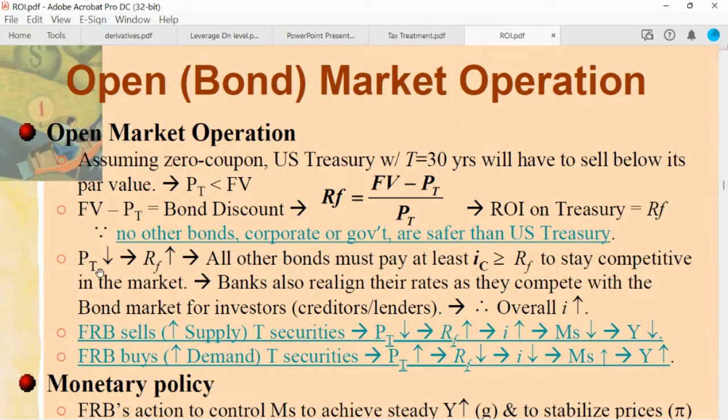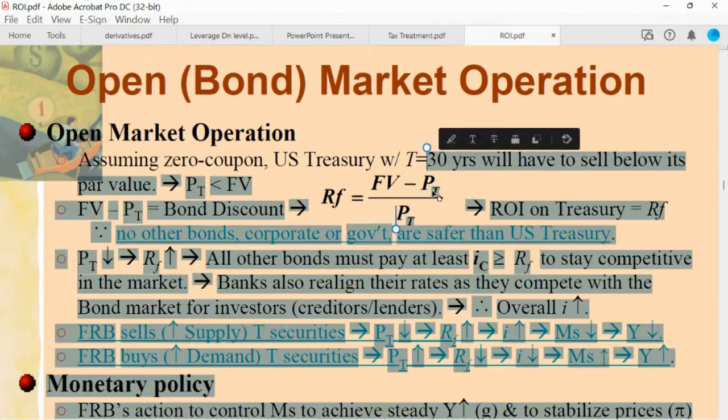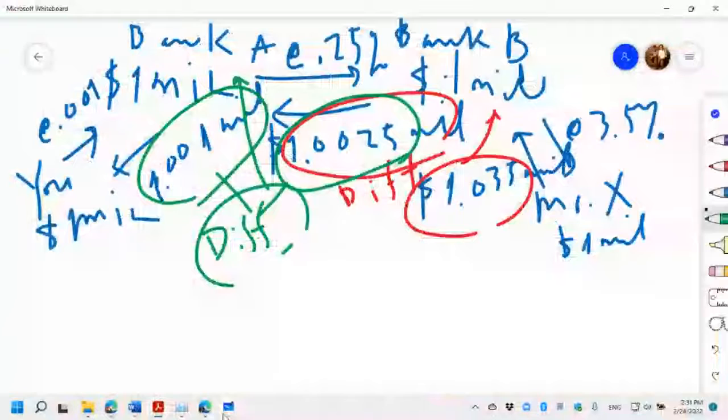Okay, and suppose the selling price of the Treasury goes down, what's going to happen? If the selling price goes down, I'll have to write it here.